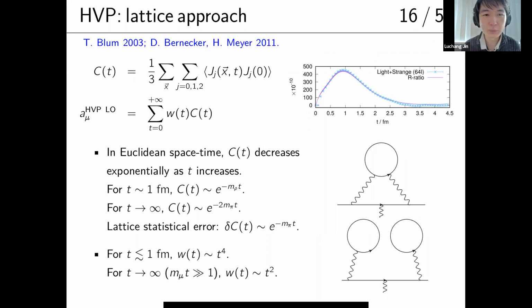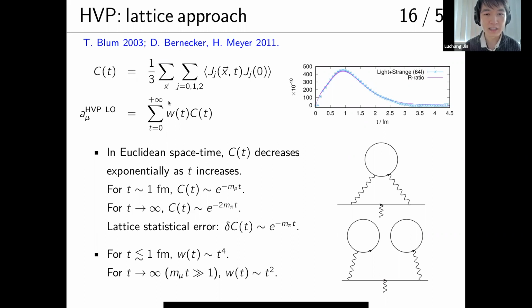So let's see how we actually calculate HVP on the lattice. The major thing is that we calculate the current correlation functions, which are the HVP diagrams, which look like this, the hadronic part. And then to account for the rest of the contribution to get g-2, we need to integrate this correlation function with t, times this w, the weighting function, summed from 0 to infinity.